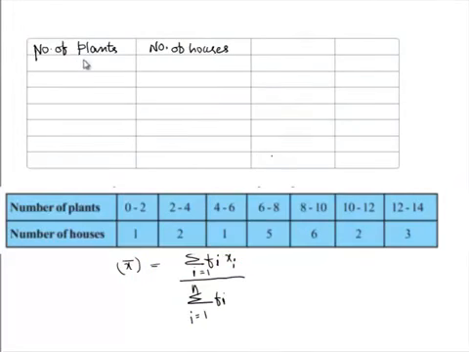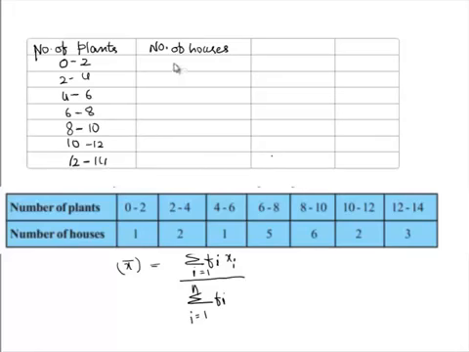Here for number of plants they have given 0 to 2, 2 to 4, 4 to 6, 6 to 8, 8 to 10, 10 to 12 and 12 to 14.